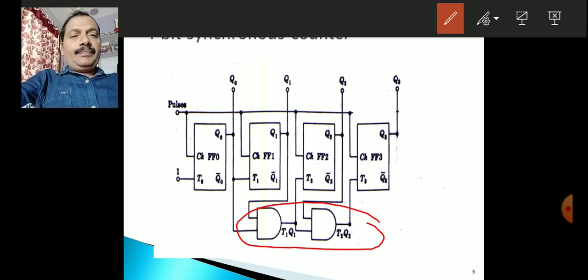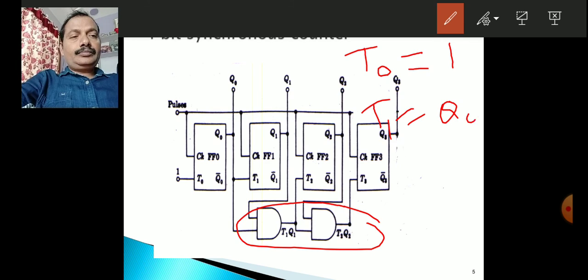So now you see the design steps. Finally, after simplification, we get T0 equals 1, T1 equals Q0, T2 equals Q0 Q1.